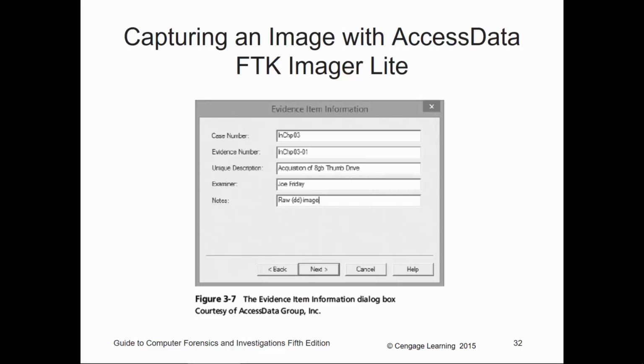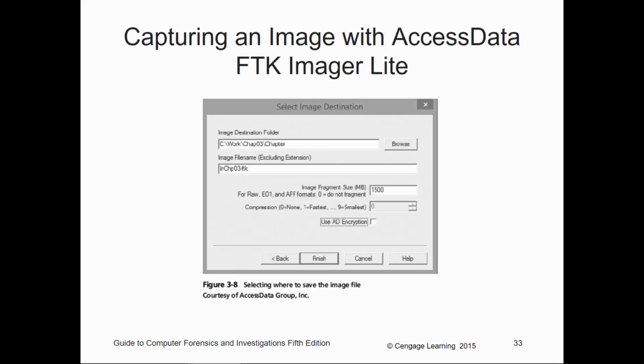Description could be more of what the item is. Notes are going to be what you've done. I've seen this done several different ways, so this is more of just how you'd like to do it. But you, again, would probably want to verify that you're doing everything according to your policies and procedures within your organization or within your circumstances.